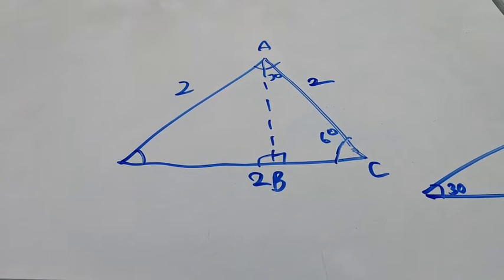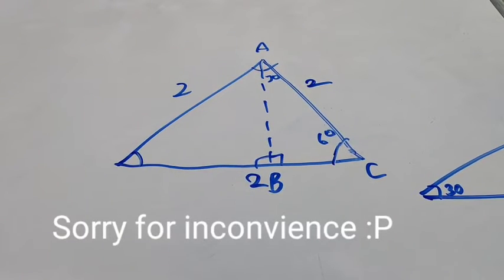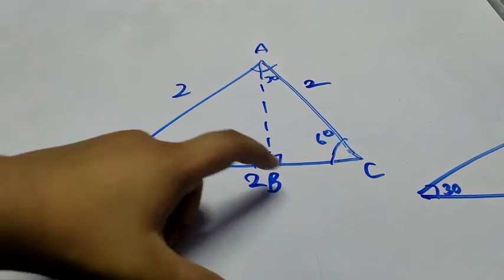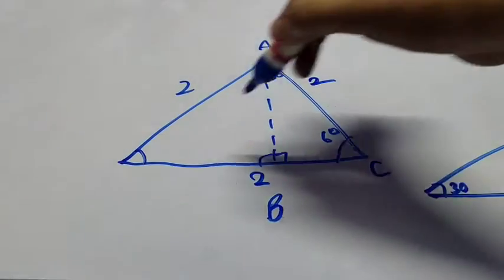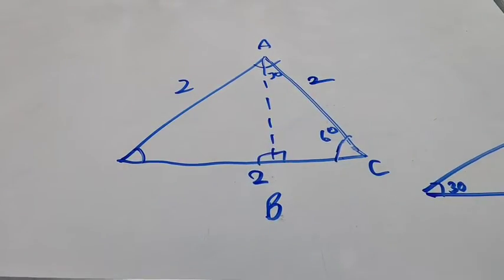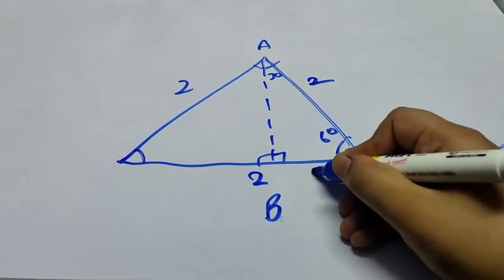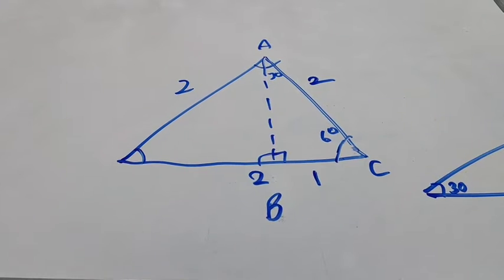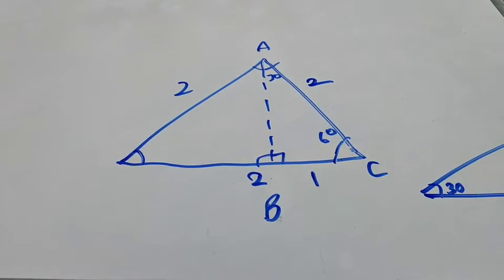So now if we see the sides, what will we notice here? This is a perpendicular bisector, so the value of BC will be 1, as it is dividing the base into two halves.